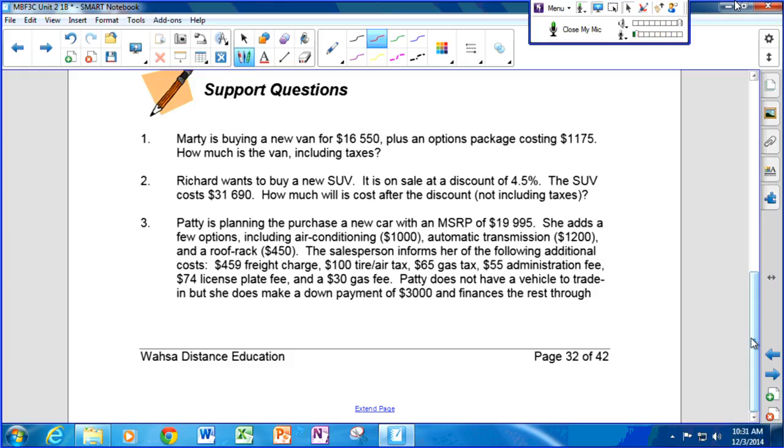So if you wanted to see what one was like, okay. So there's an example of one for support question 3. That would be a good one to go through on your own. Make sure, because they have the deal review form there all filled out.